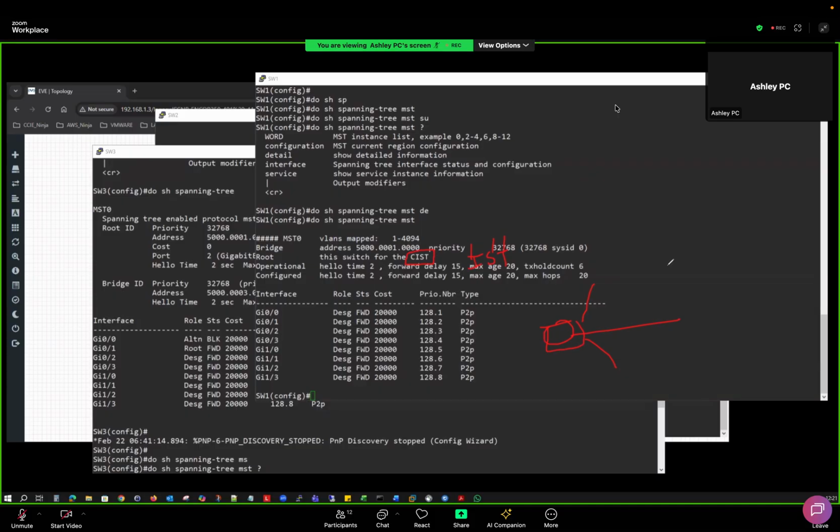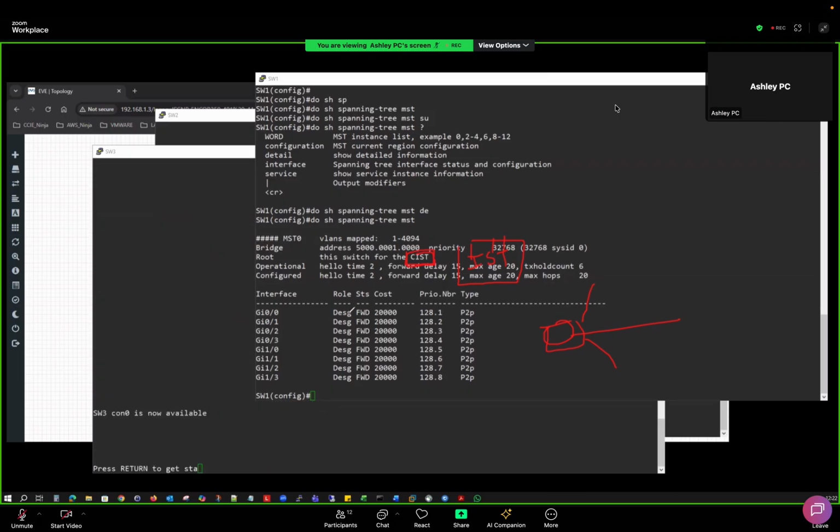So if I connect a switch to external connectivity, that switch is going to run as IST. So in your entire network, where is the CIST going to run? Root bridge, right? Yes or no? Okay.